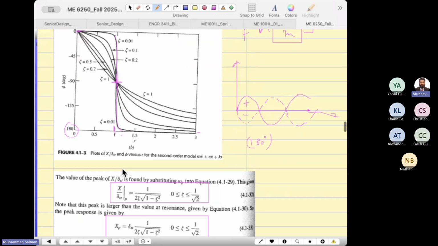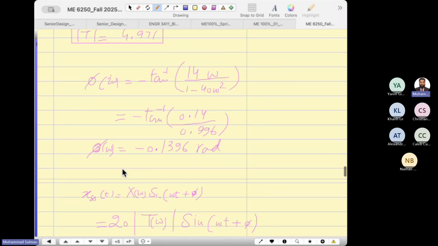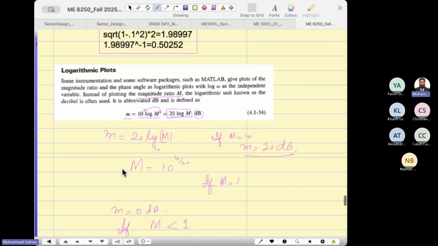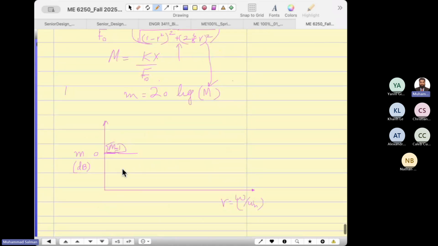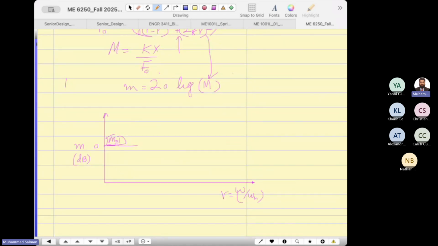So let me show you the plot. You can understand more from the plot. I'm going to show you the logarithm plot, so that way you will understand more clearly.